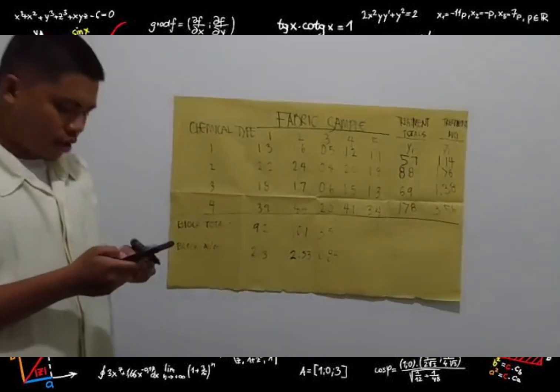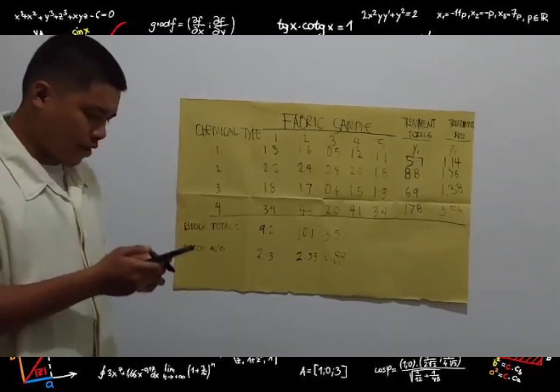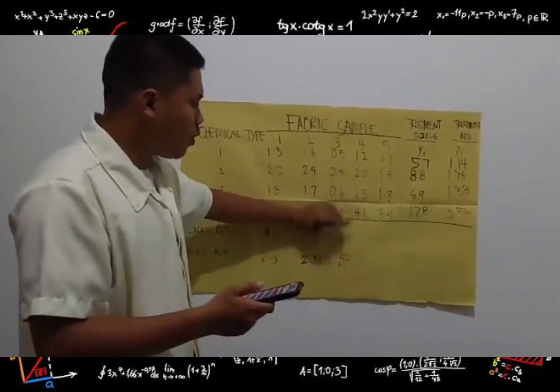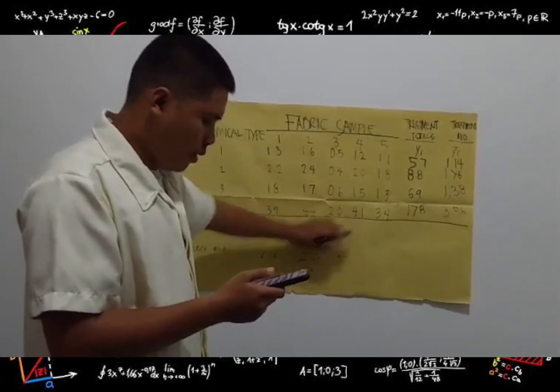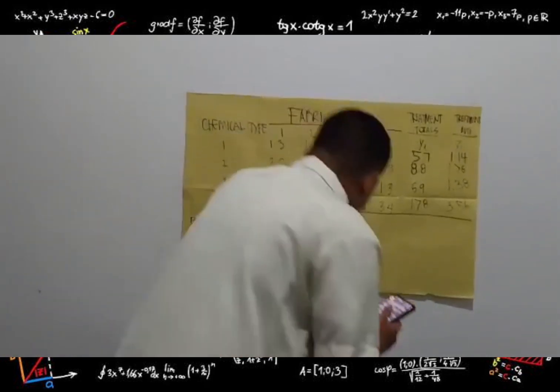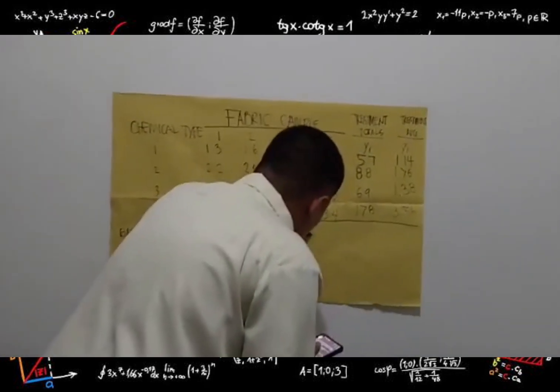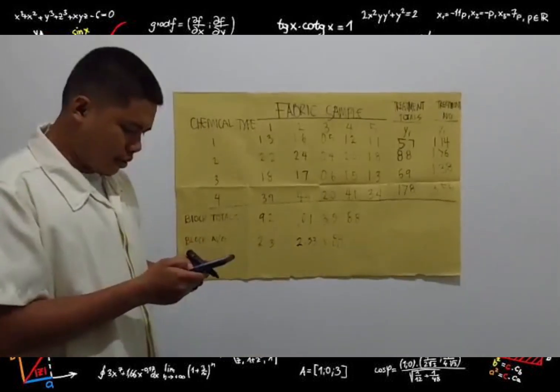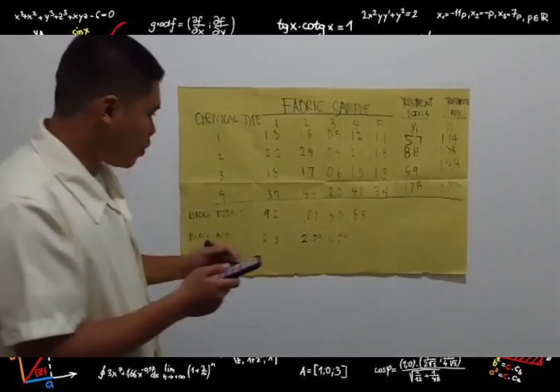And on fabric sample number 4, we also add the 1.2, 2.0, 1.5, and 4.1, which is close to 8.8. And its block average is 2.2.